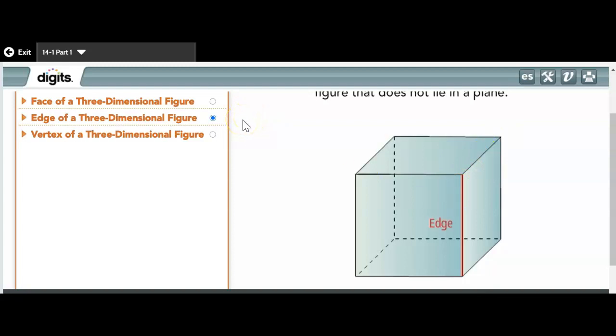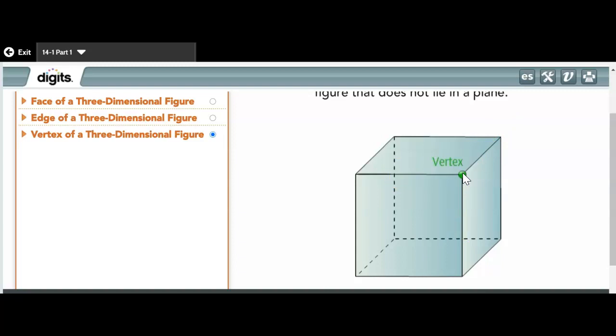Lastly, we have a vertex of a 3D figure. All right, a vertex of a 3D figure is a point where three or more edges meet. So edge, edge, and edge meet to create a vertex.